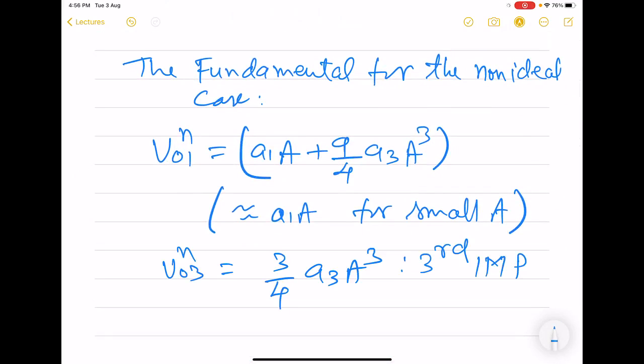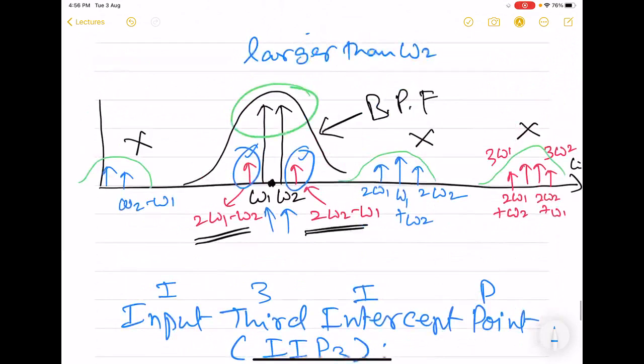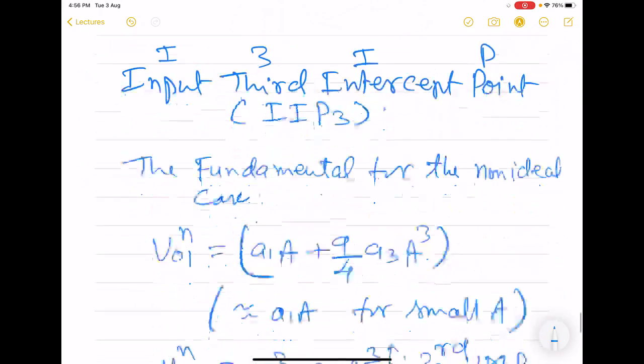Now here you can see that when the amplitude of the input increases, this will increase very fast because it has the third power of the input, capital A cube. So in the beginning, for small A, this will have a very small value, and what you will see here is a very small component compared with the ideal one. But as the input amplitude increases, they will increase very fast because they have cubic power.